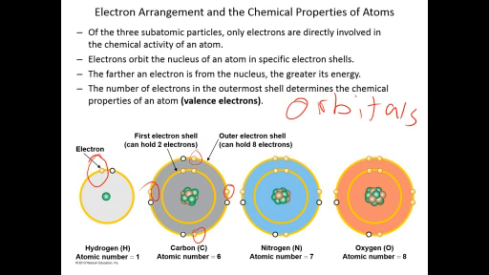Looking at nitrogen, nitrogen has 1, 2, 3, 4, 5 valence electrons. Oxygen has 1, 2, 3, 4, 5, and 6 valence electrons.